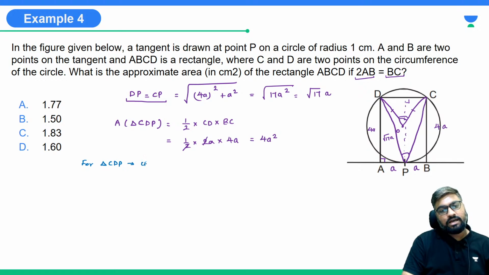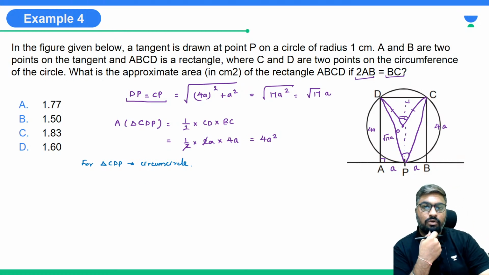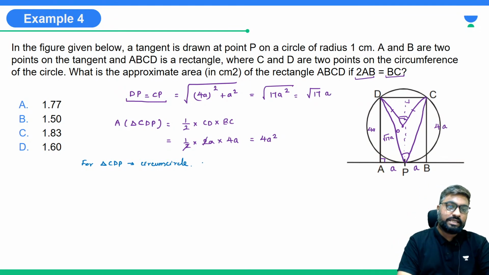Yes, so circumcircle का जो radius है, that will be what? OC, है ना? OC is the circumradius. So circumradius, that is R, will be OC, which is 1 centimeter.